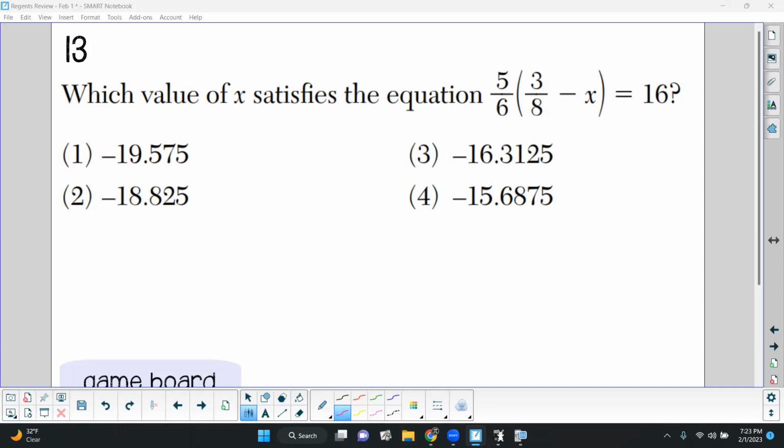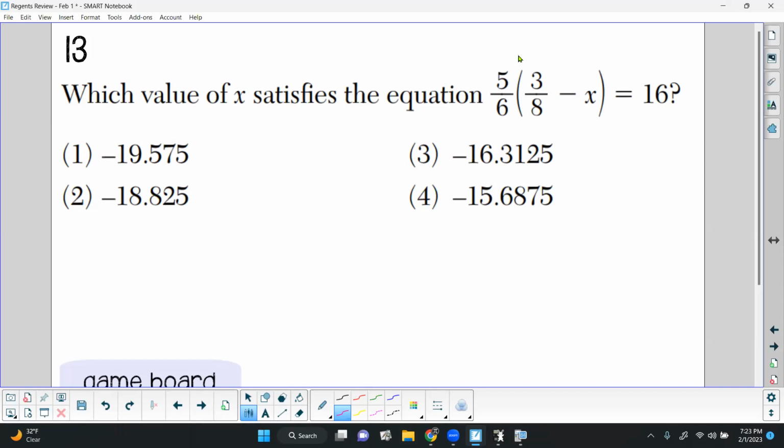Wait another minute as kids are finishing up. I don't want to rush you. If you're not sure what to do, this is where we're starting here.